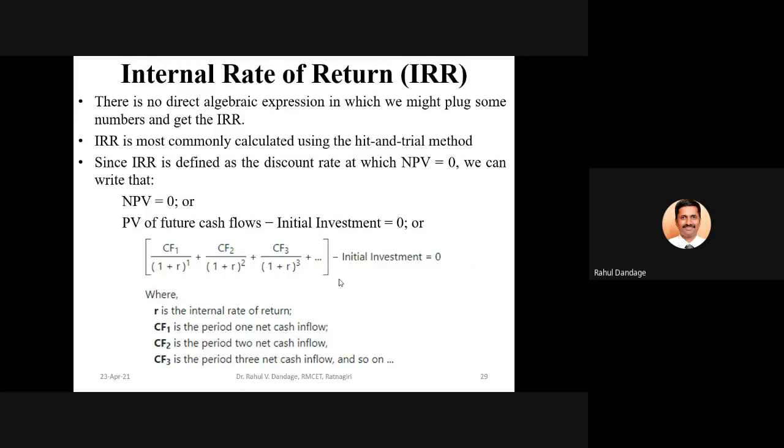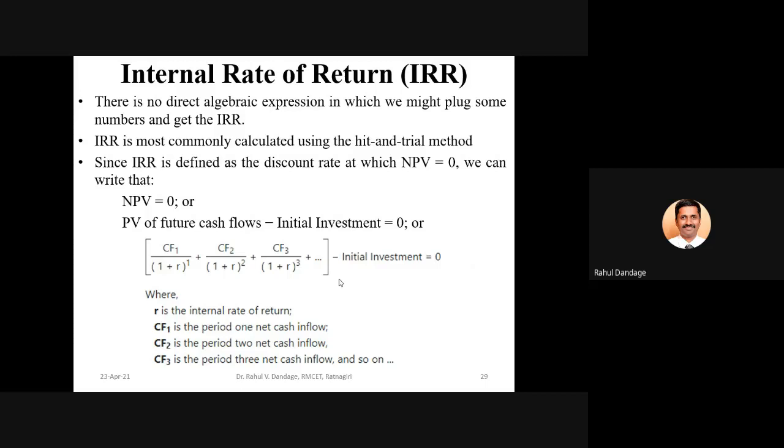If we say the net present value is equal to 0, it indicates that the present value of future cash flows minus the initial investment is equal to 0. This is the formula for net present value: the present value of future cash flows minus the initial investment. When we go for the internal rate of return, we assume that the net present value is equal to 0. That's why we equate the expression, present value of future cash flows minus initial investment, to 0.